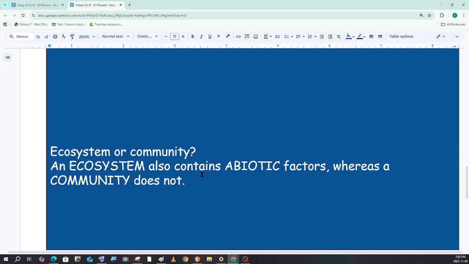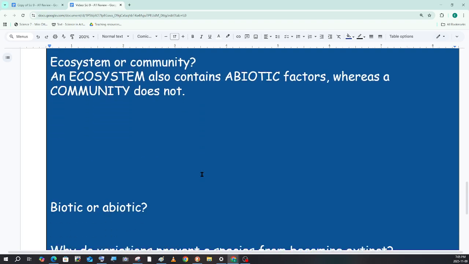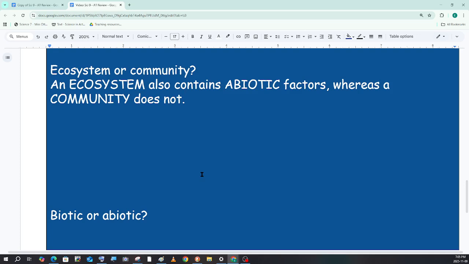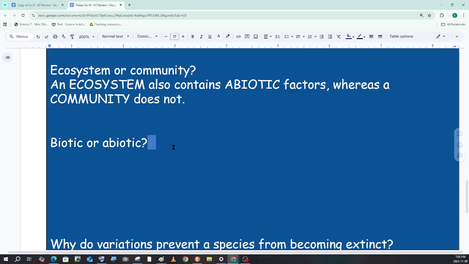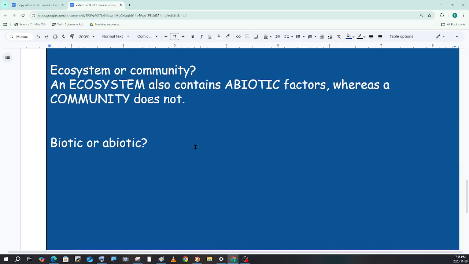All right, so I actually should have done biotic or abiotic first, but let's quickly go over what each of these means. Biotic means that it's alive, okay? It's a living creature. Abiotic means it's non-living.